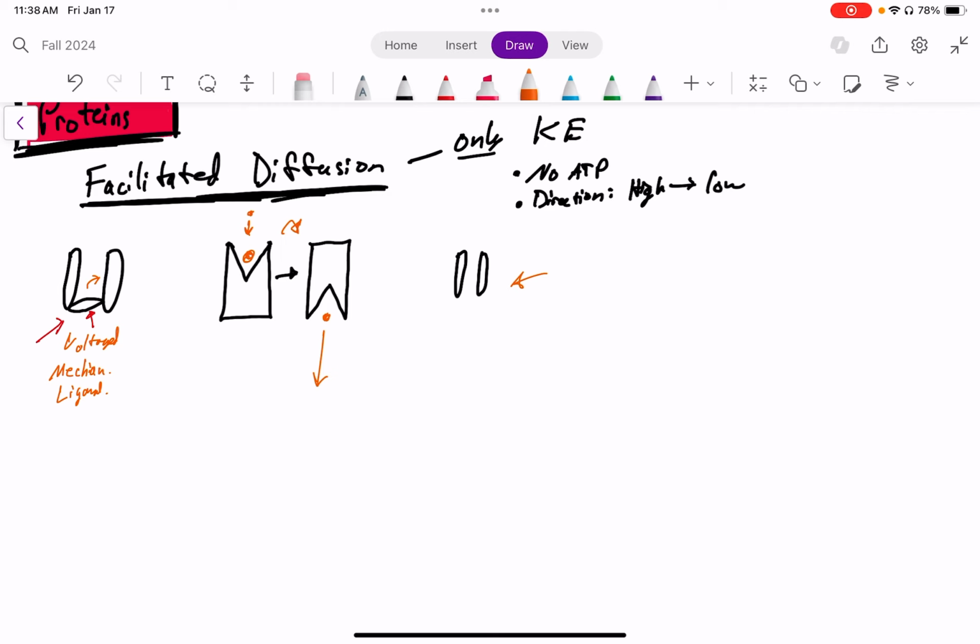That's mostly it for facilitated diffusion. An important note here is that because we are using transport proteins in the cell membrane, there can potentially be a limited number of these proteins. The rate of diffusion depends on how many proteins there are to transport the solutes, and it also depends on the concentration.